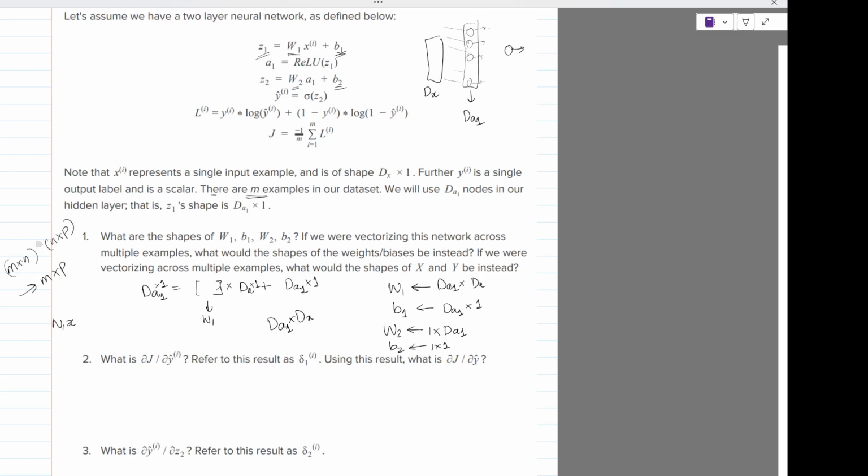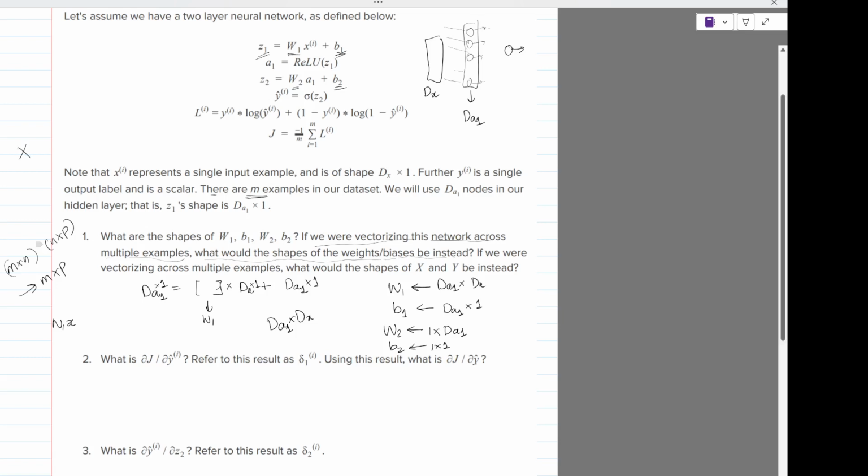If you were vectorizing this network across multiple examples, what should the shapes of the weights and biases be instead? The weights and bias shapes will still be the same, right? Because for all the inputs, we are going to use the same weight and bias matrix. The entries will be updated, but the matrix shape and size will be the same. If we vectorize across multiple examples, what should be the shapes of x and y? You have m samples.